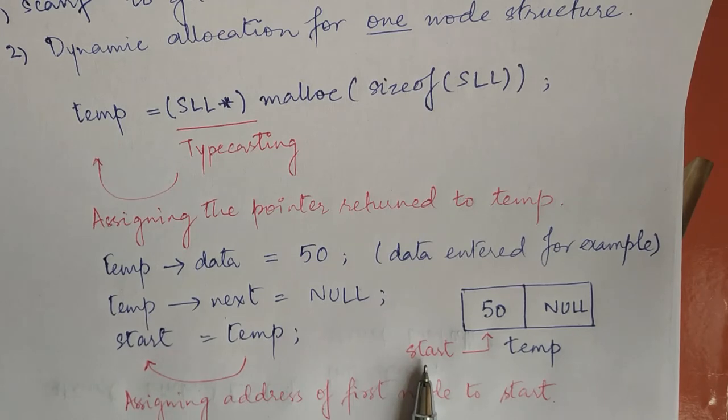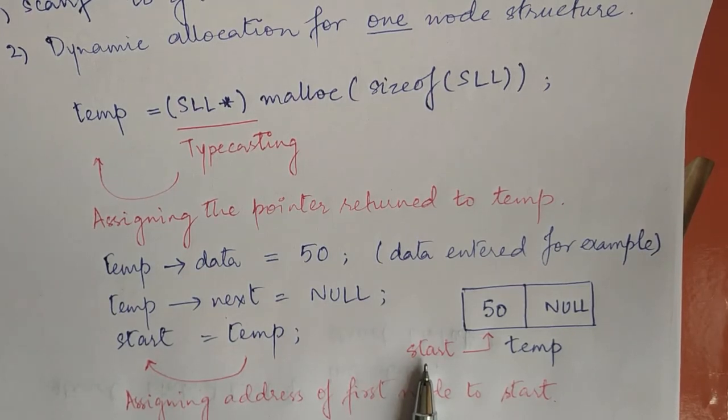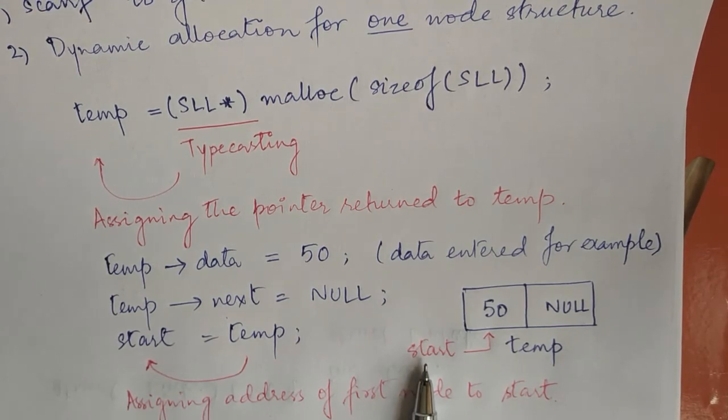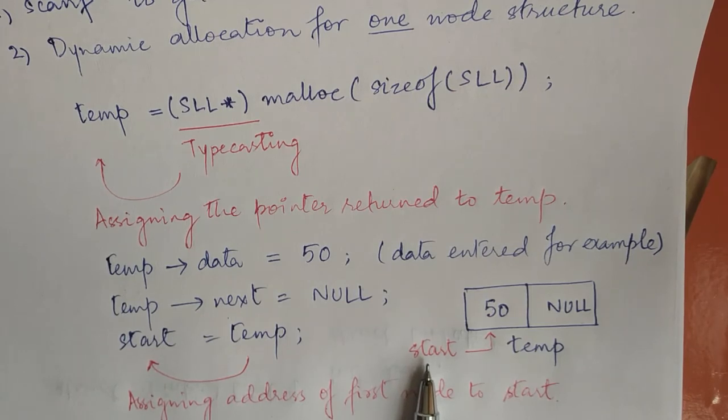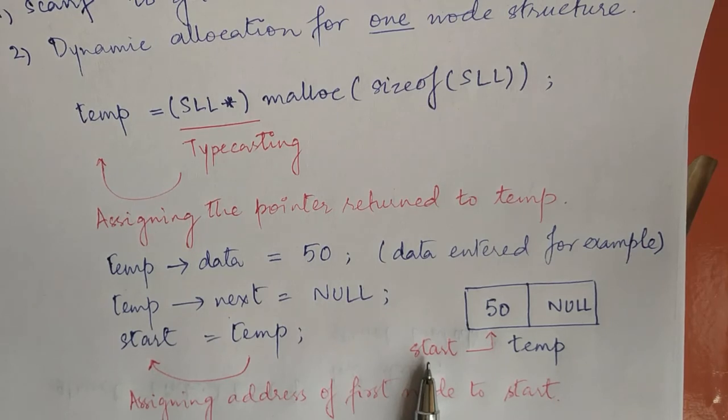And in some cases, maybe in the functions, I need to modify the start pointer, in which case I should be able to do that permanently. Then you need to make sure that either you return the new updated value of start to the main function, or you pass the address of start so that you can modify start.